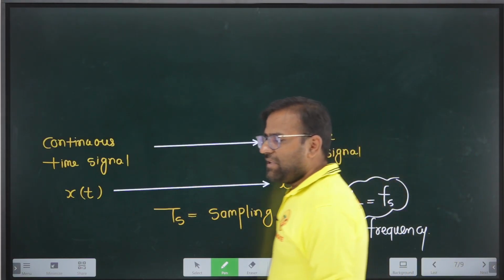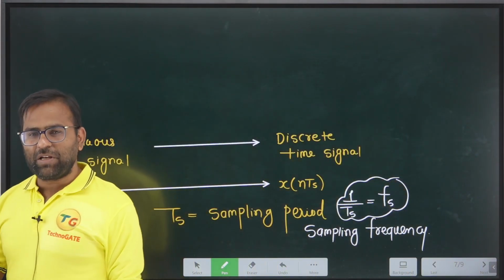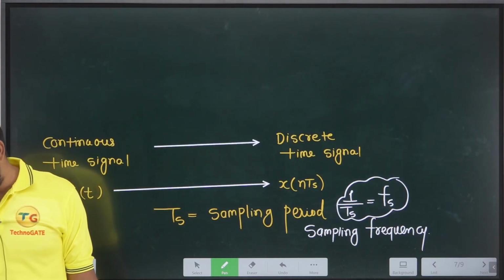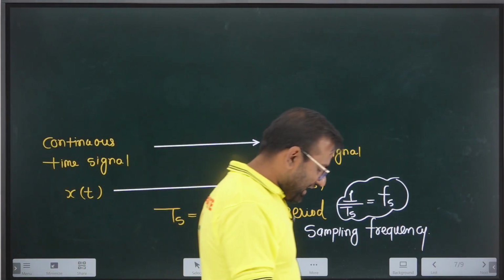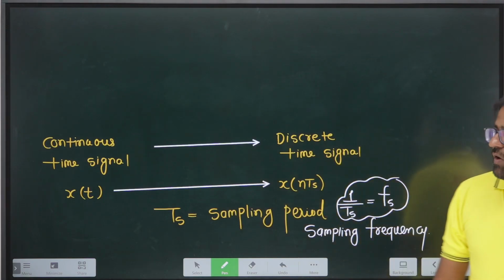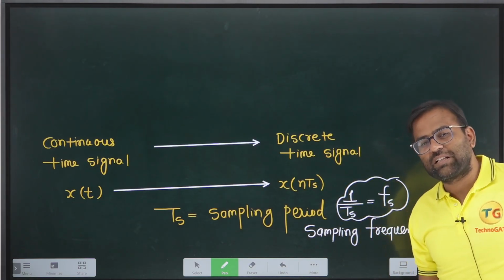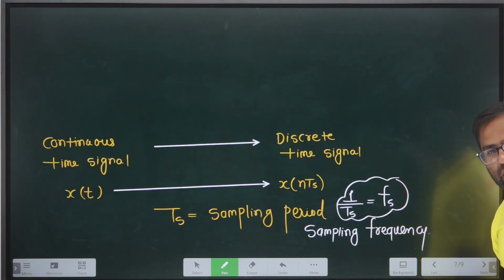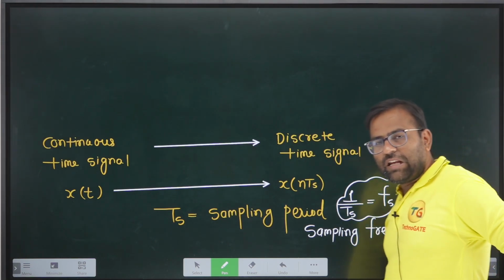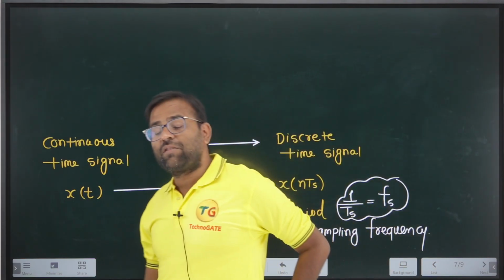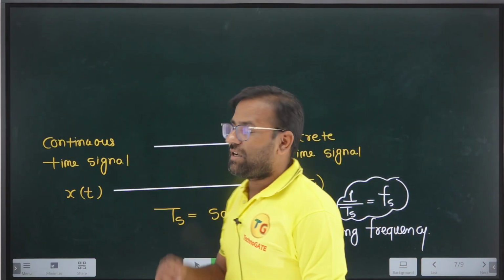So maybe for some purpose, for digital communication or to reduce the noise, we are converting our continuous signal into a discrete signal. But again, when it will interact with a human being, you have to convert this discrete signal back into a continuous signal.